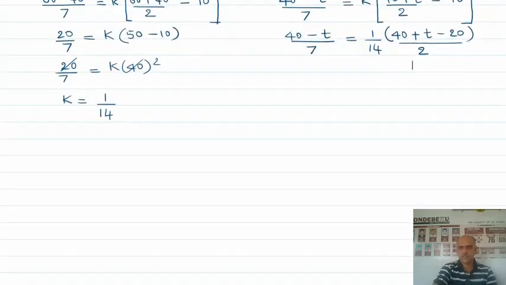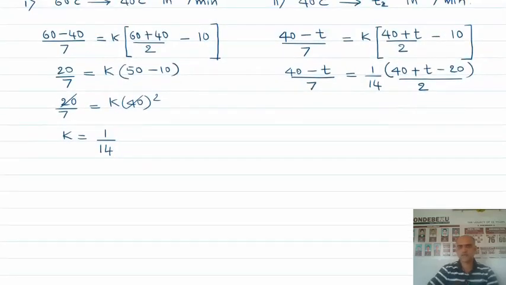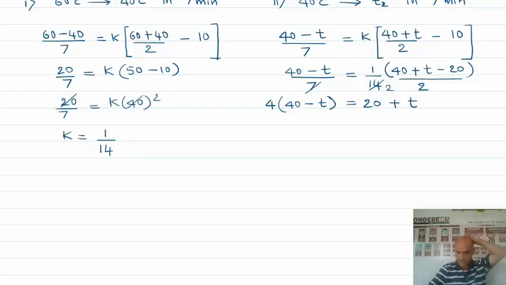Cancel the 7 on both sides. So 2 into 2 is 4. So 4 into bracket 40 minus t is equal to 40 minus 20, is 20 plus t. Now 40 into 4 is 160 minus 4t is equal to 20 plus t.